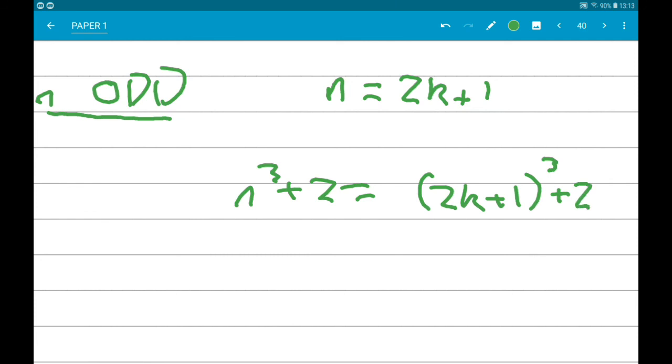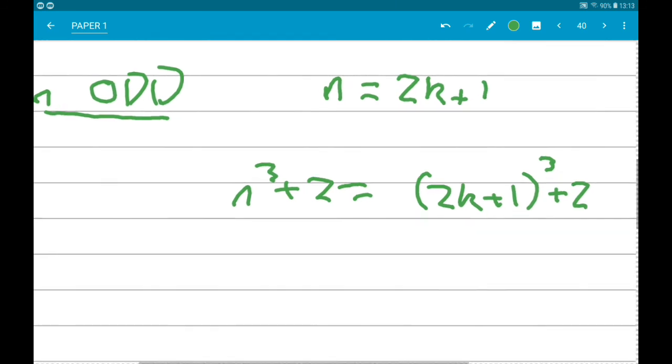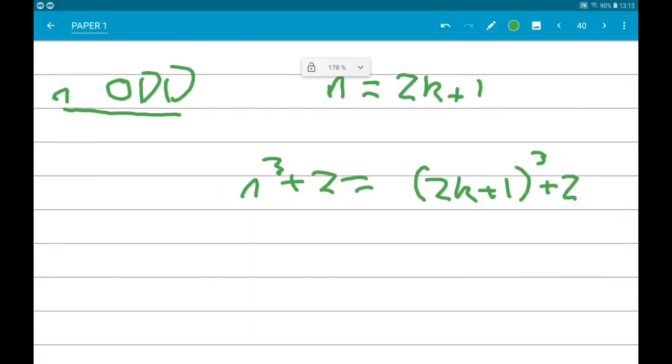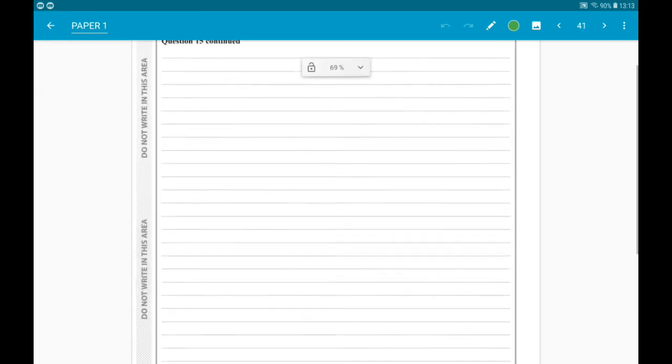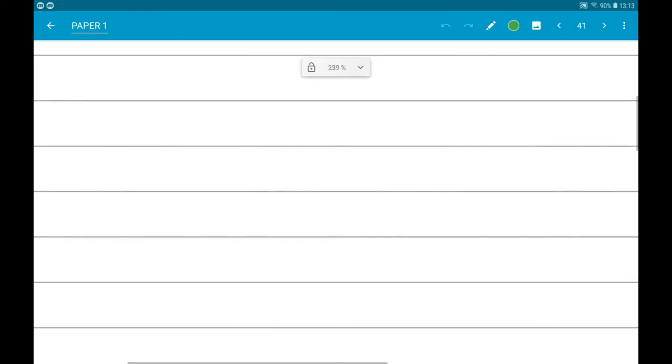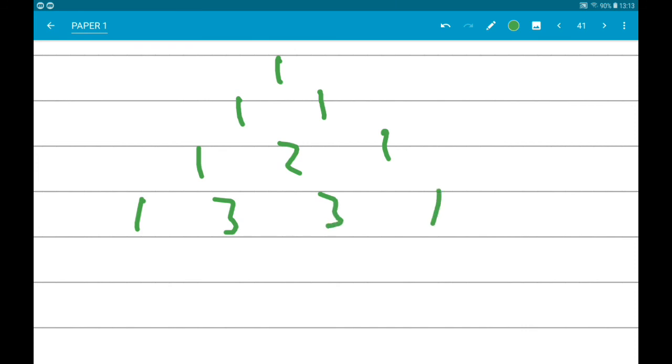Okay, so we need to expand the bracket, so polynomial expansion again. With a small power, I would just use Pascal. So, we want the third row. So, we got 1, 1, 1, 1, 2, 1, 1, 3, 3, 1.